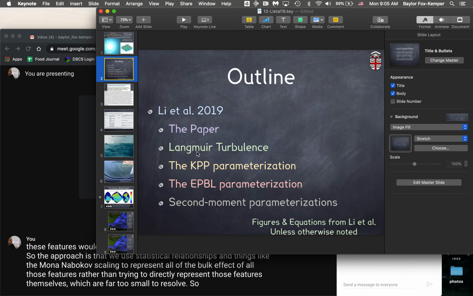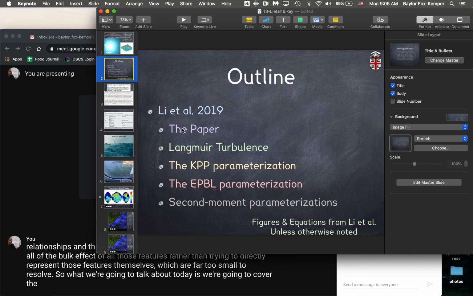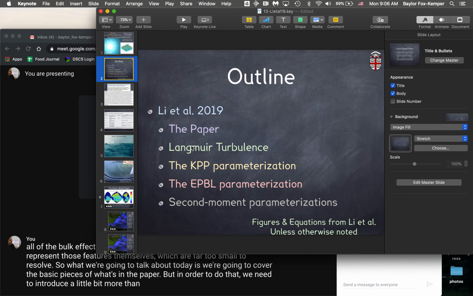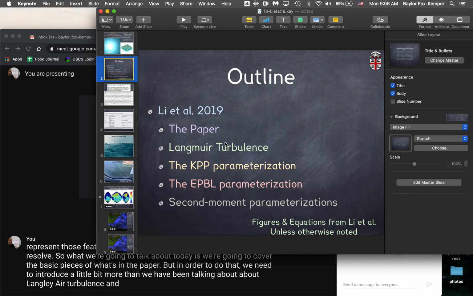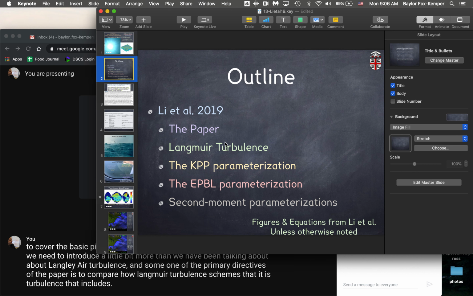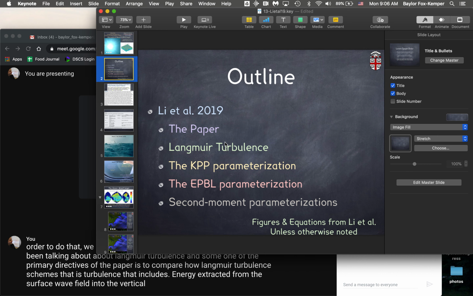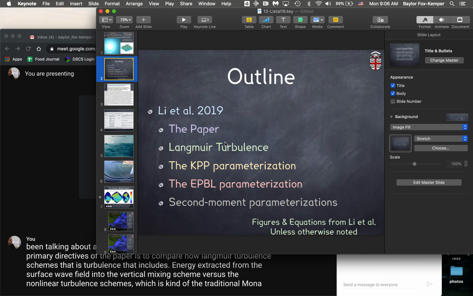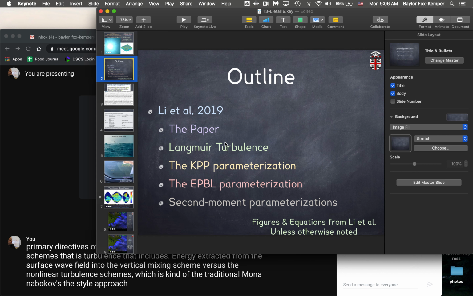So today we're going to cover the basic pieces of what's in the paper, but in order to do that, we need to introduce a little bit more than we have been talking about Langmuir turbulence, since one of the primary directives of the paper is to compare Langmuir turbulence schemes, that is, turbulence that includes energy extracted from the surface wave field into the vertical mixing scheme, versus the non-Langmuir turbulence schemes, which is the traditional Monin-Obukhov style approach to the upper ocean boundary layer.